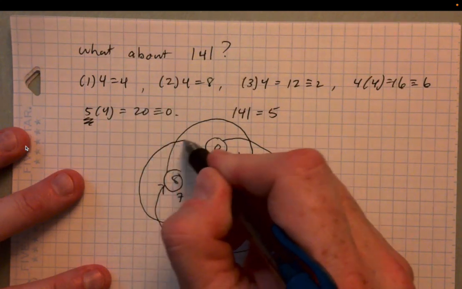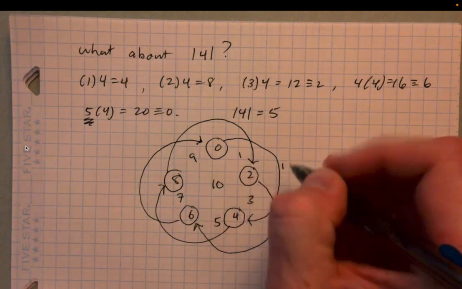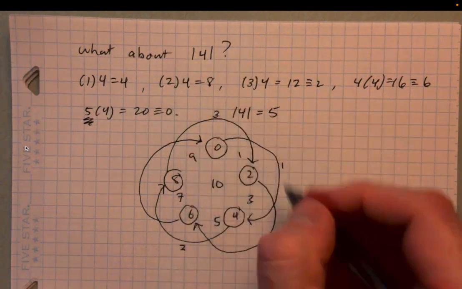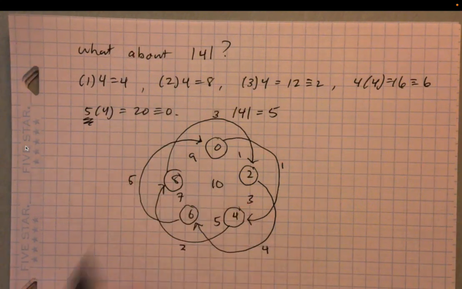And then I hop to 0. And so it's got this nice pattern. And so you can see that's 1 hop, 2 hops, 3 hops, 4 hops, and then another one would be 5. All right. And so the order of 4 is 5. Okay, so that's the order of an element.